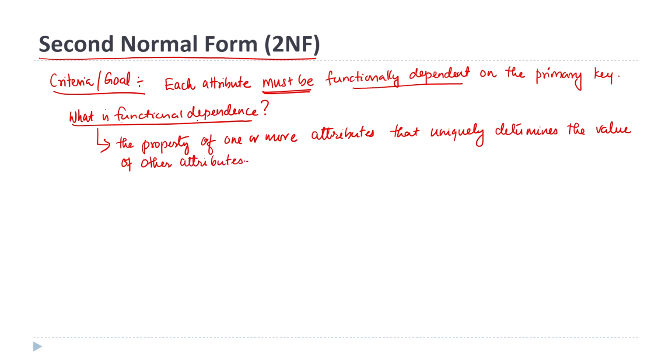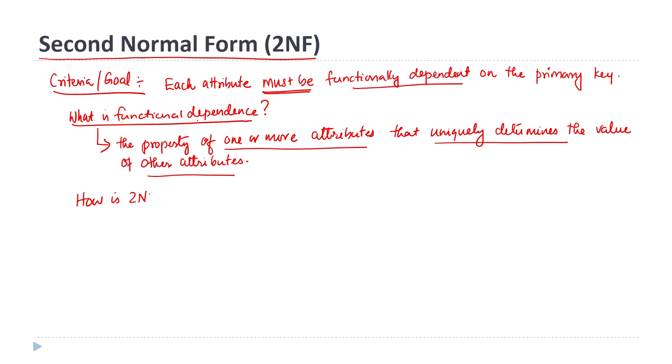So, what we are saying here is, certain attributes in a table have a capability to uniquely determine the value of other attributes. If you know one attribute, then you can determine the rest of it.